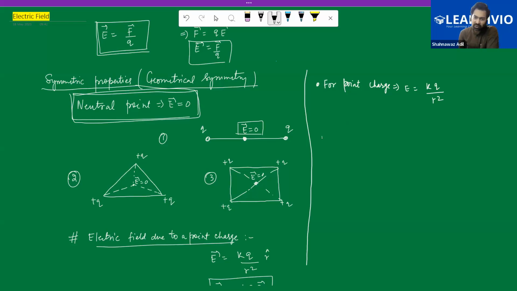And for finite charges, the electric field is the sum, or superposition principle, right?